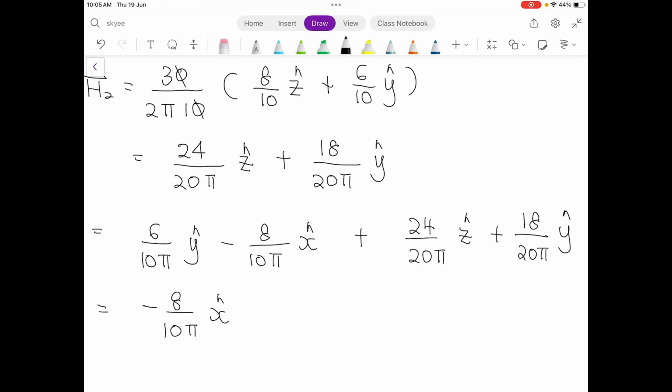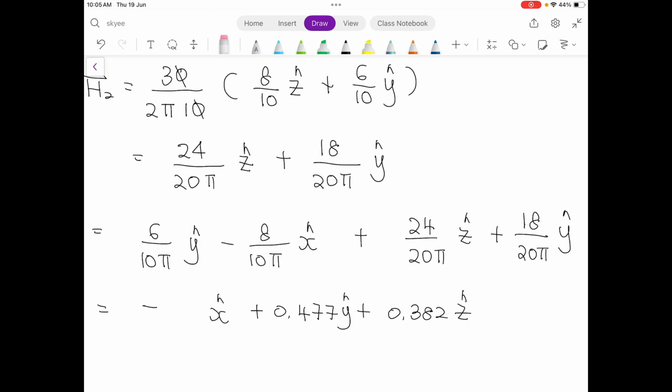So the y has a value of 0.477, and for the z, let's convert to numbers instead of fractions. So this is y, and this is 0.382 z.